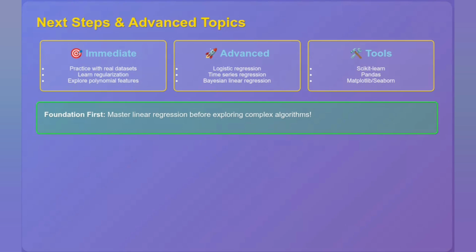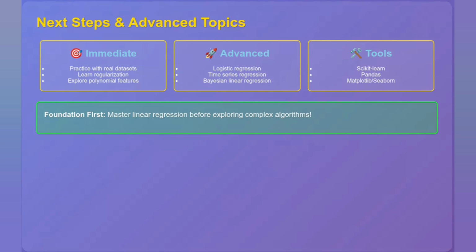Ready to go deeper? Here's your learning path. Immediate next steps. Practice with real data sets, Kaggle, UCI ML repository. Learn about regularization, ridge, lasso. Explore polynomial features for curves. Advanced topics. Logistic regression for classification.